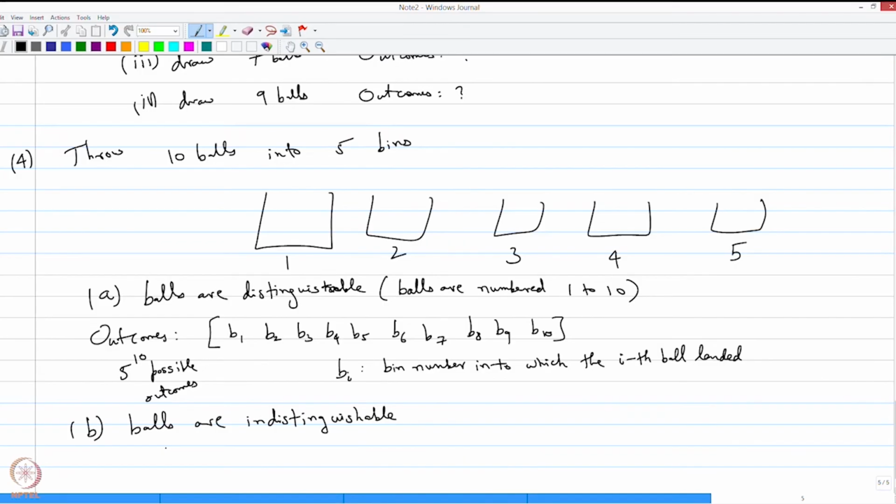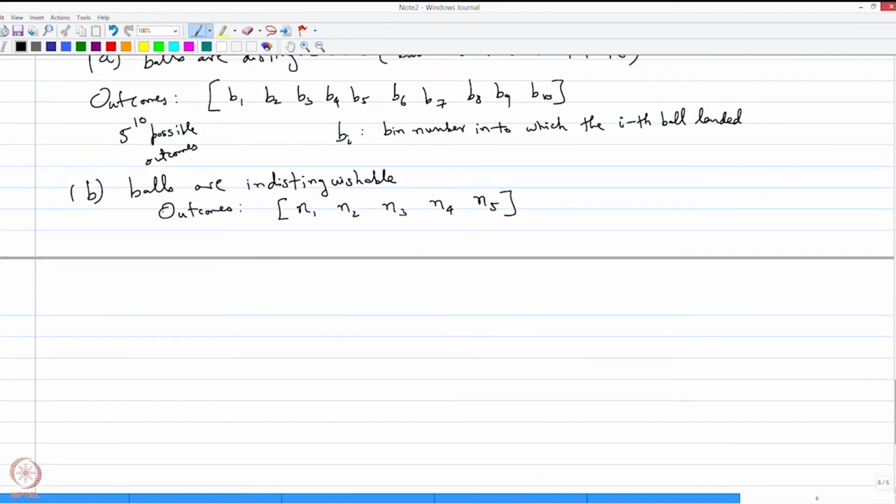So, here if you throw 10 balls, the outcomes, it is interesting to capture them, let us say as N1, N2, N3, N4, N5, and what is Ni? Number of balls in bin I. Okay, hopefully this is clear to you.